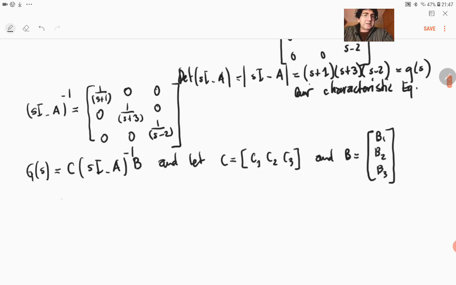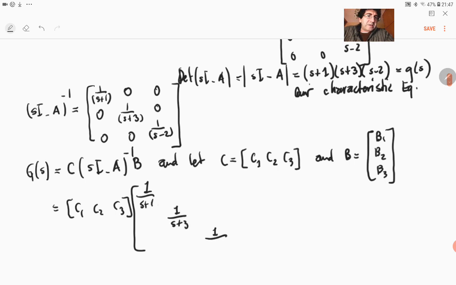The product is C1, C2, C3 multiplied by this matrix with 1 over s plus 1, 1 over s plus 3, and 1 over s minus 2, and this also multiplies B1, B2, and B3.